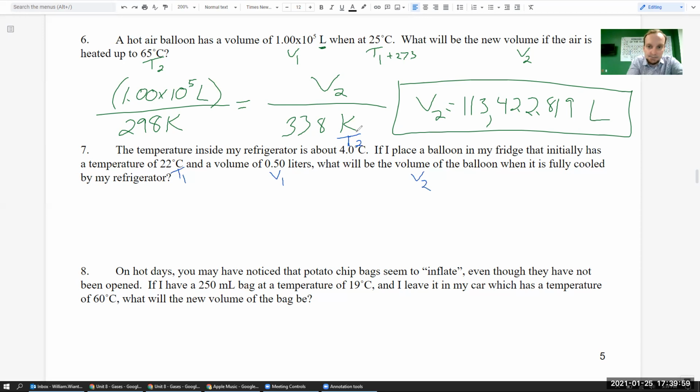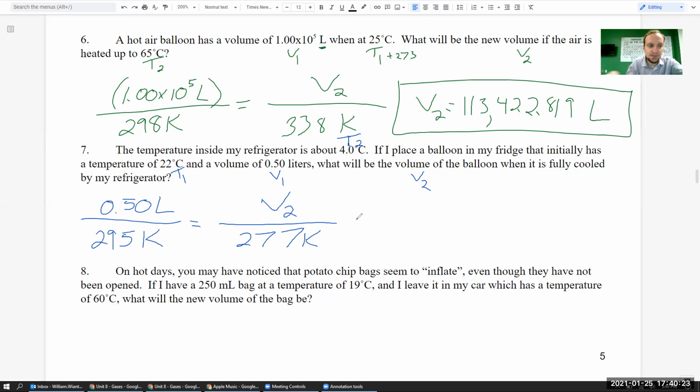So I'm going to go ahead and take my first volume, which is 0.50 liters. I'm going to put that over my temperature, which is 295 Kelvin. And I'm going to take my V2, which I don't know, and put that over my 4 degrees Celsius, which would be 277.